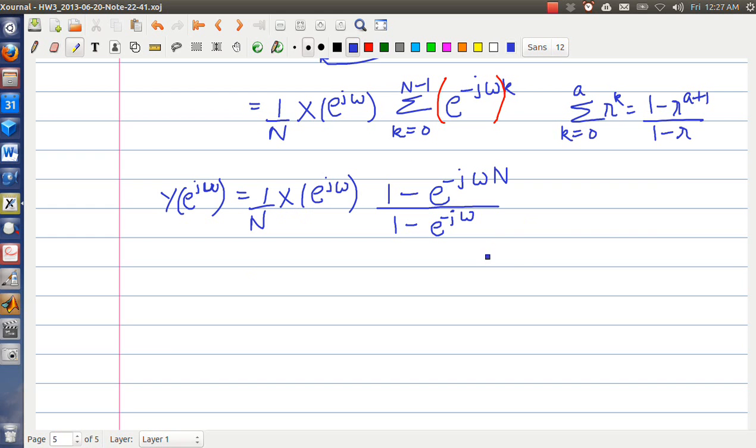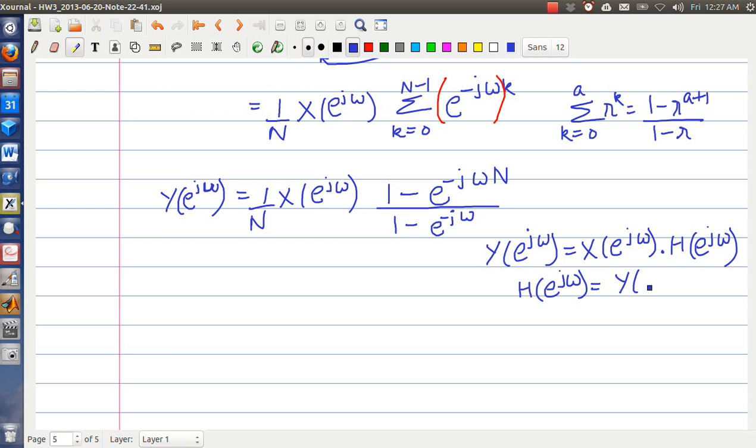But if you remember the relationship between y and x, y is the convolution of x and h, therefore the Fourier transforms are just a product, and from here we get the system transfer function. The Fourier transform is the output over the input, something you remember from controls or linear systems.